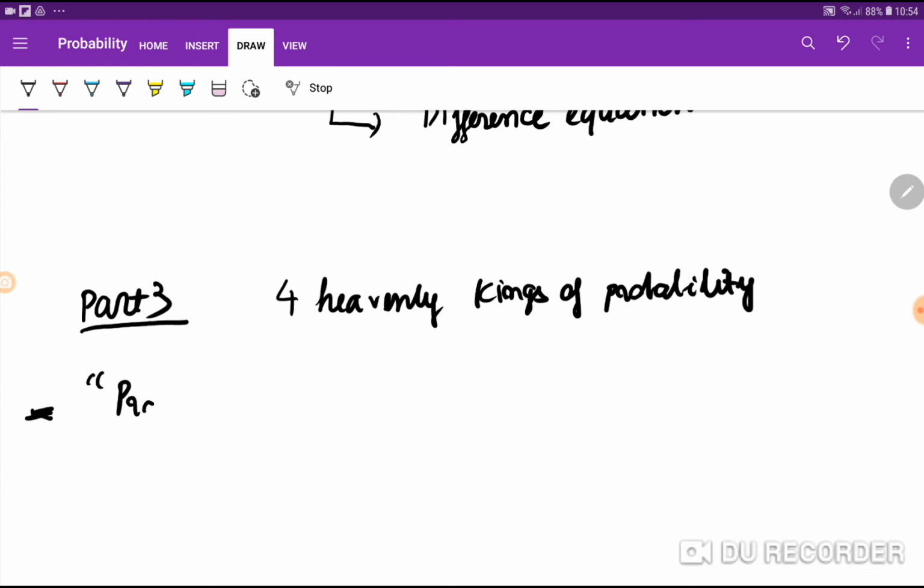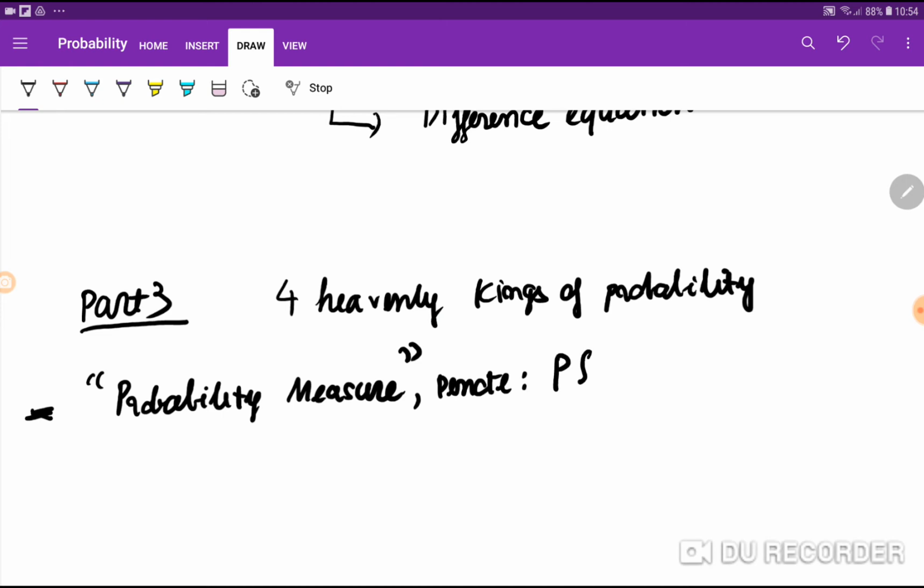If you recall, it's often denoted like P(X > x), something like this, right?